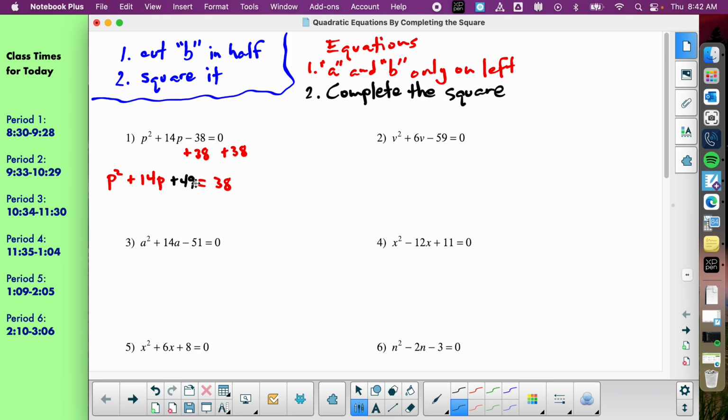Invisible line, train tracks. What did you guys get told about 1 billion times when you did it with the train tracks? You have to do it to both sides of the equation. That's all I was trying to ask, Avery. So like when we added the plus 38, we had to do it to both sides of the equation.